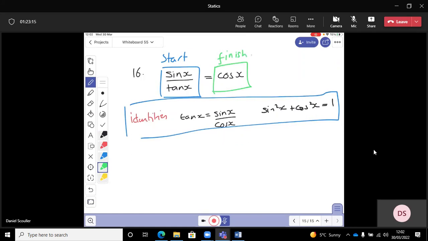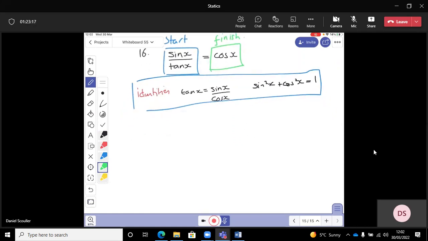The two identities we need to know are tan x equals sin x over cos x, and sin squared x plus cos squared x equals 1. Now, what have we got on the left hand side? We've got sin x and a tan x, so we can substitute in identity 1. Where it says tan x, we can substitute in sin x over cos x.